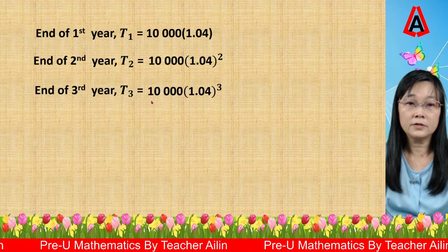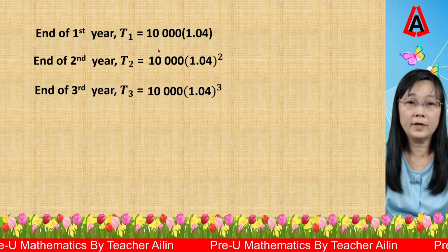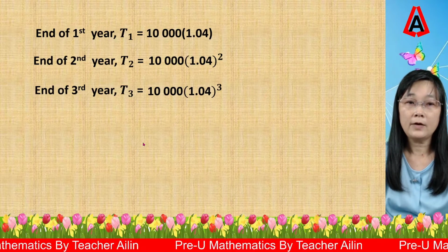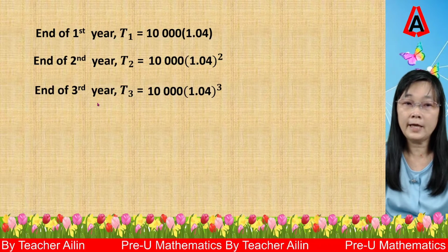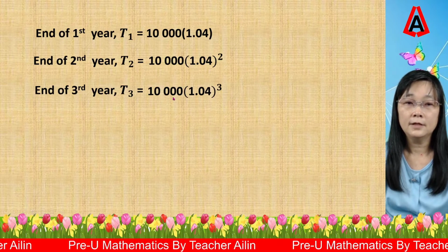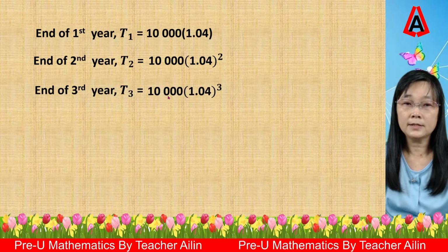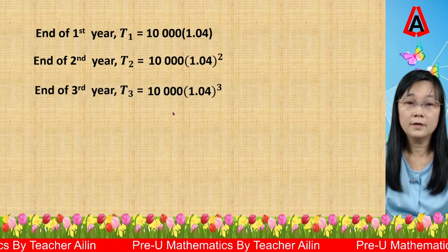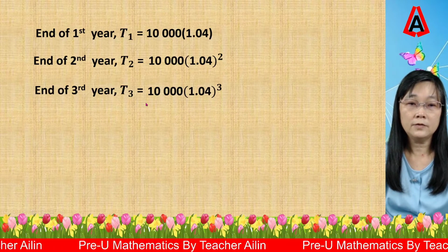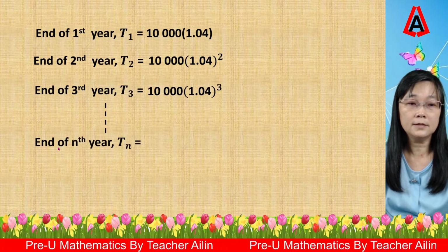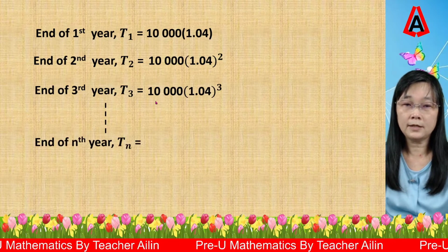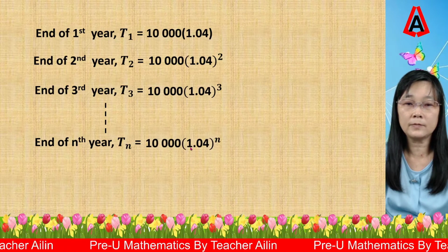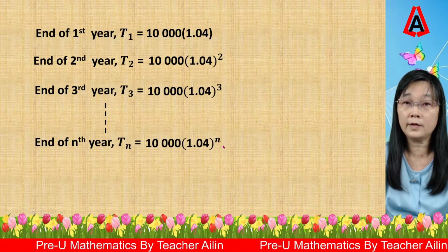From the change of the amount of money in the bank for these 3 years, I can predict that at the end of the fourth year, the amount of money in the bank is 10,000 times 1.04 power 4. When we continue until the end year, I can predict that the amount of money in the bank is 10,000 times 1.04 power n.